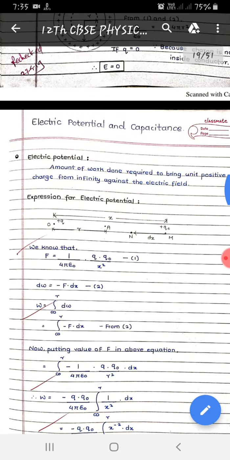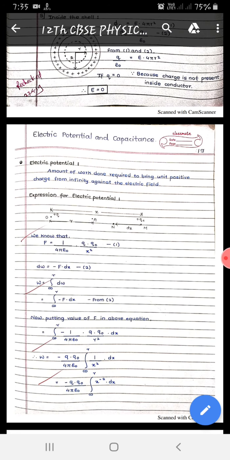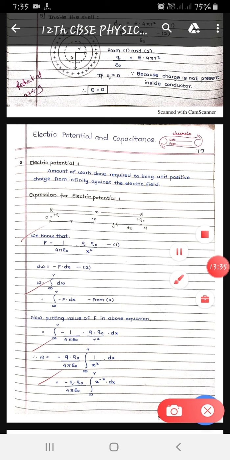Therefore we'll see once again, we'll revise it. What is electric potential? It is the amount of work done required to bring unit positive charge from infinity against the electric field.